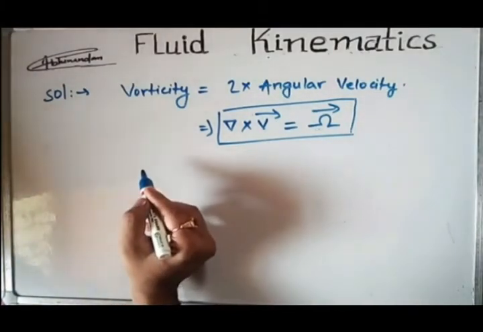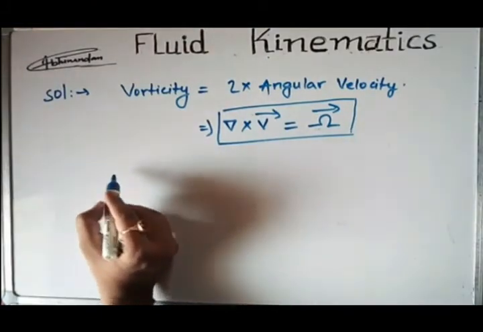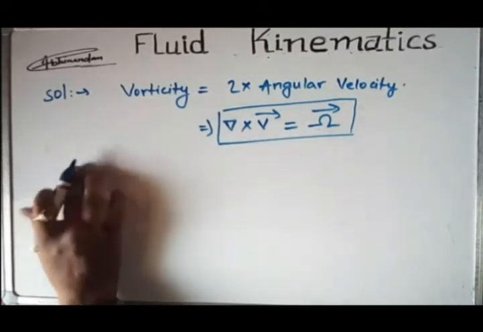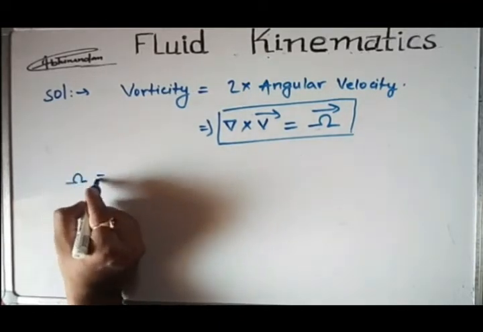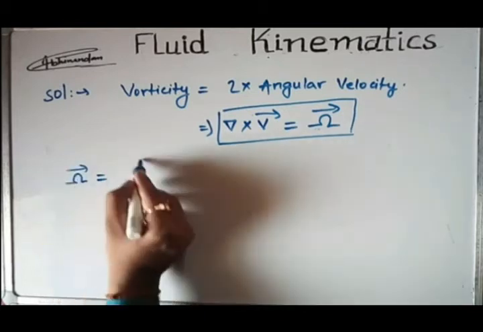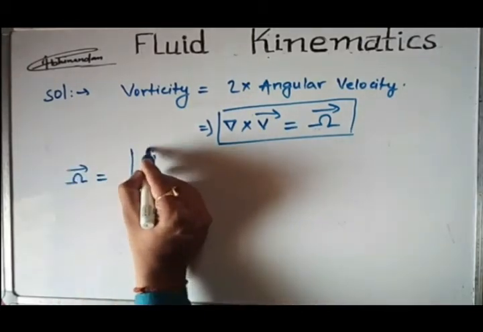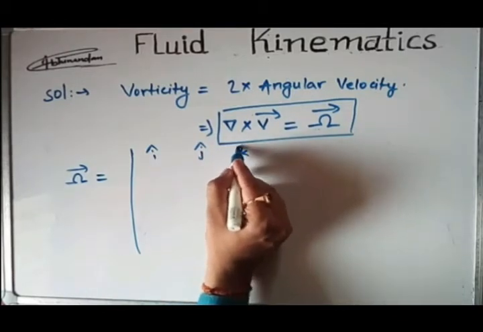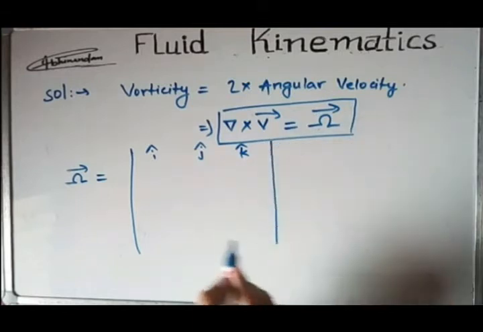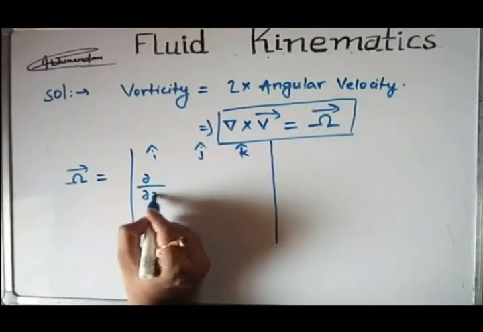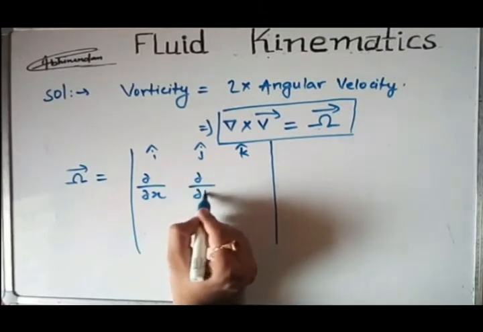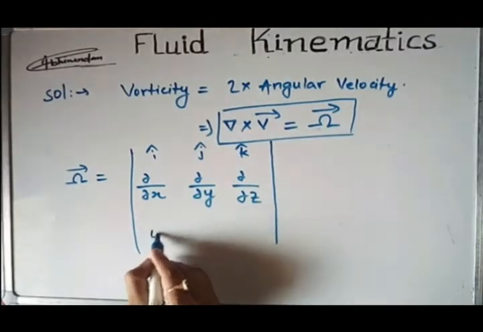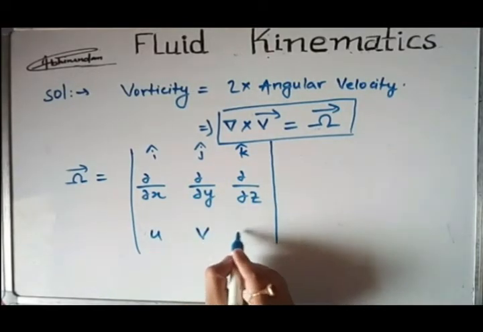If you write this vorticity in vector form, this is the vorticity vector, which is vector uppercase omega, with i cap, j cap, k cap, and partial x, partial y, partial z, and the velocity components u, v and w.